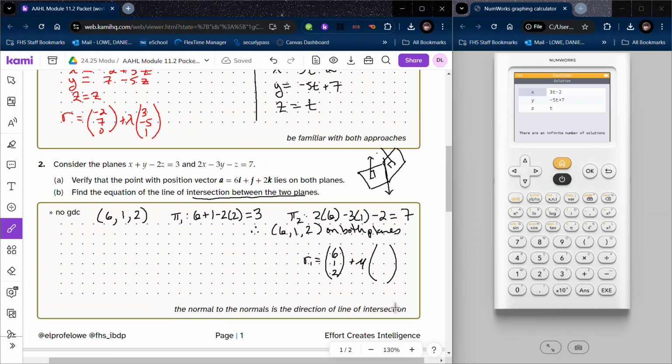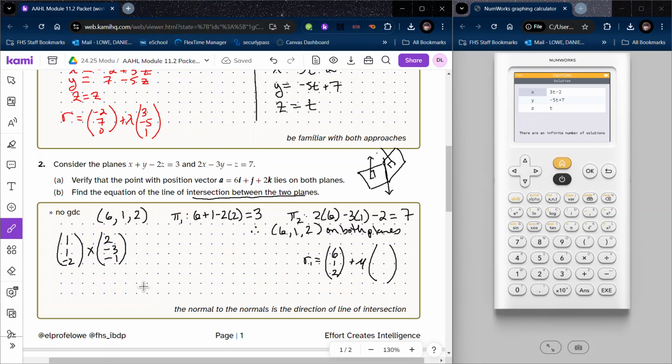It's just going to be the normal to the normals. So I'm going to take 1, 1, negative 2 and cross that with 2, negative 3, negative 1.